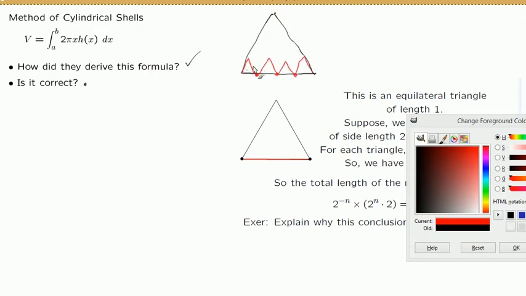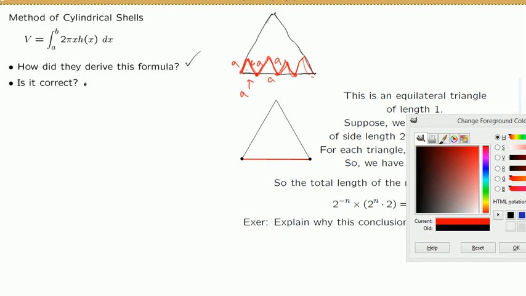They're all 60 degrees, so this length and that length are always the same. If this length is A, you have 2 pieces there, and exactly the same 2 pieces there. So the length of this one is exactly 2 times the length of the bottom one.